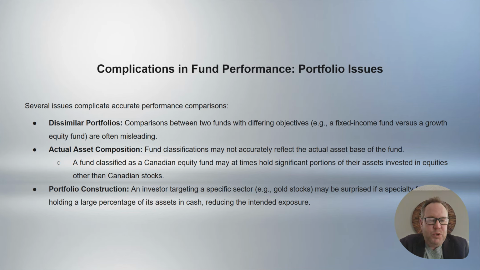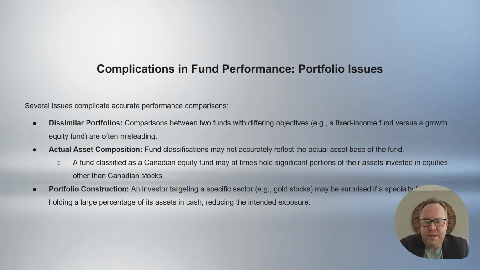Again, with 2 Canadian equity or Canadian stock mutual funds, one might have a very large position of cash, for whatever reason, versus the other. And again, like my last example, one might be focused on dividend equity investing versus growth equity investing. So the same title or classification of a fund does not mean it's a similar fund, and the performance would be very different from each other.